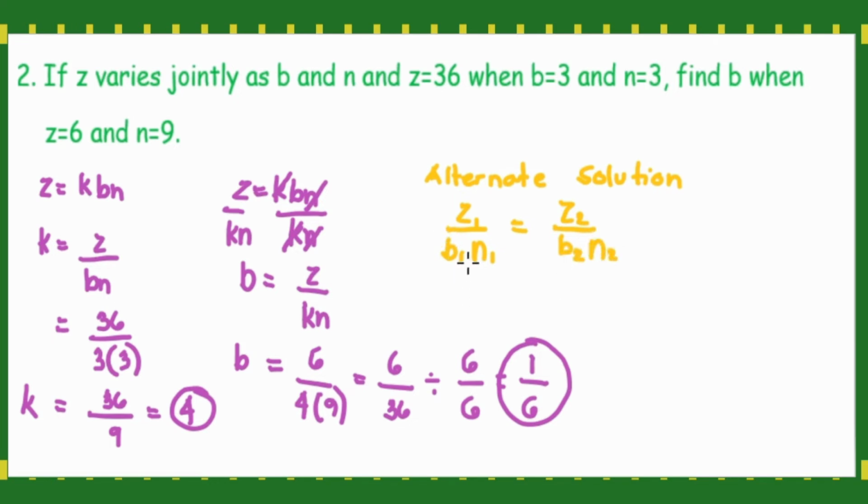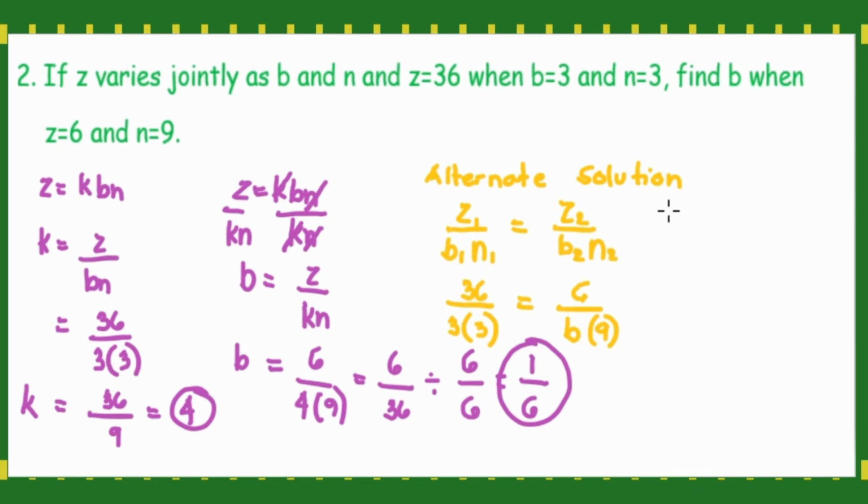First set of numbers, we have z is equal to 36 over b, which is 3. N is 3. That's equal to second set, z is 6. B is unknown, so we will copy. N is 9, so times 9.